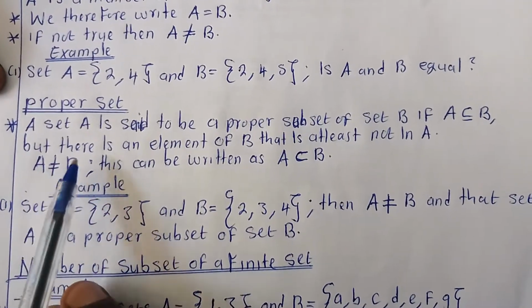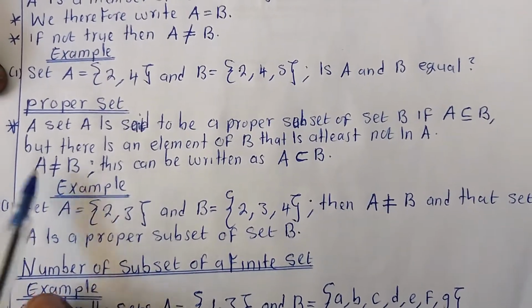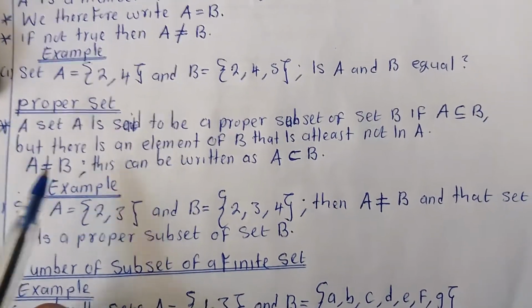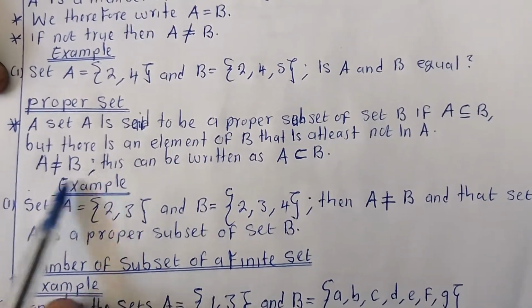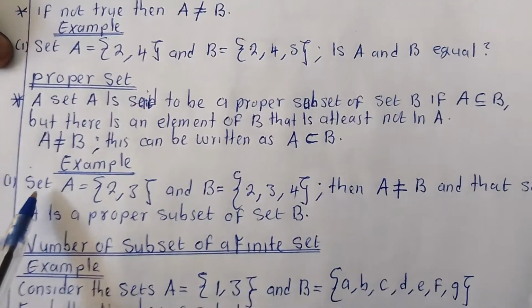A can be a proper subset of B, but that doesn't mean that A should equal B. There must be an element in B which is not in A.